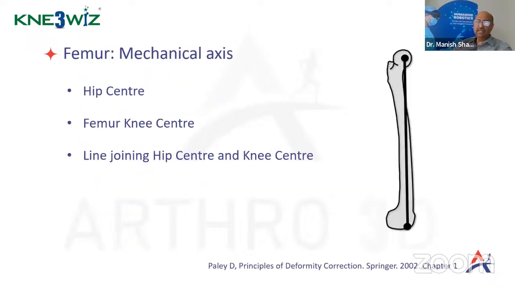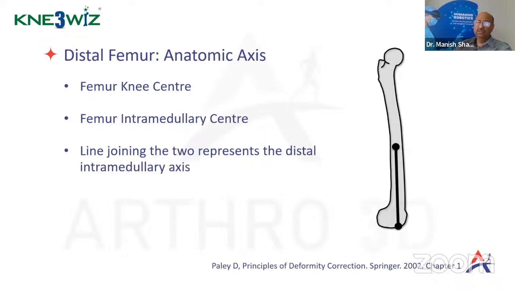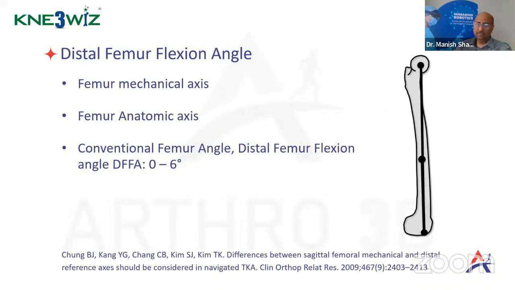The femur mechanical axis is once again the hip center to the knee center in the lateral. The distal anatomic axis is the knee center to the knee intramedullary center. And on an average, the distal femur flexion angle varies between 0 to 6 degrees.